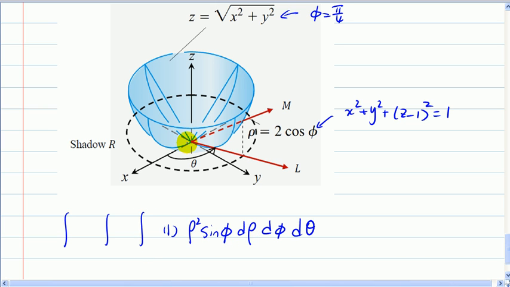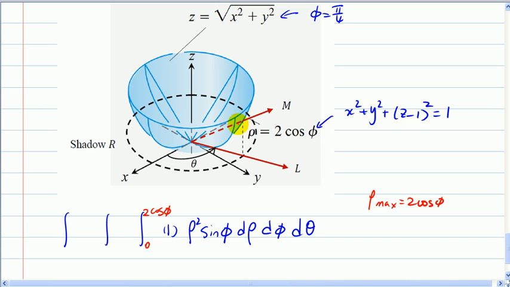The reading line starting from the origin, first contact gives us the rho min. The second contact, between the reading line and the outer surface, which is a sphere, gives us the rho max. The sphere is rho equal to 2 cosine phi. So that's why the rho max is 2 cosine phi here.